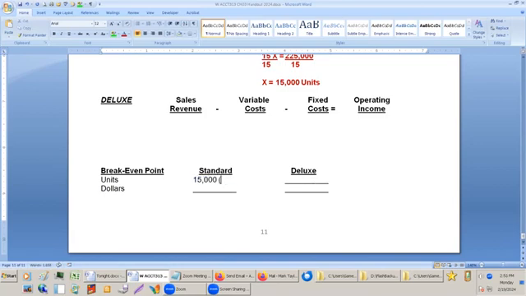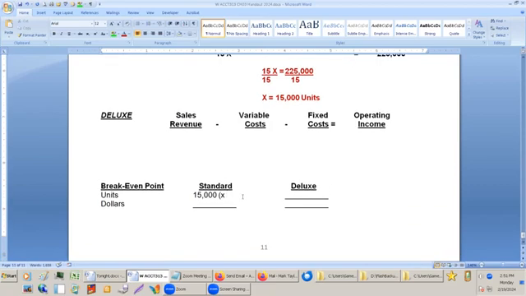So 15,000, and we're selling each of those for $70 each. Selling price. $1,050,000. Read that out.